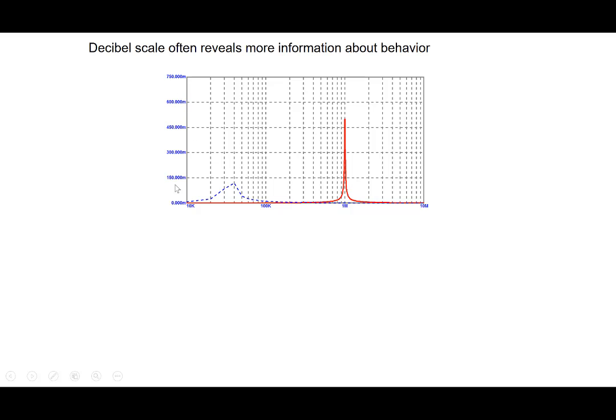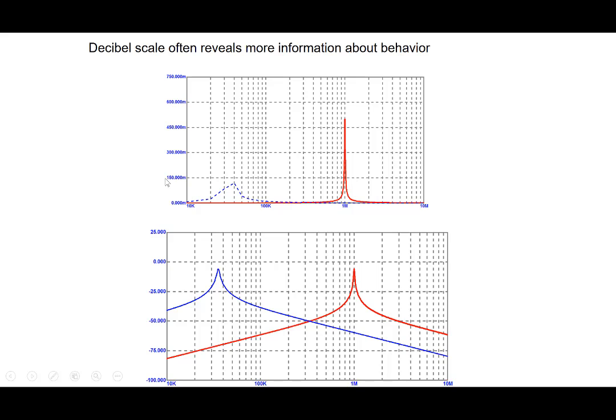Similarly, if I take this scale here and convert it into decibels, I will get more insight. So the whole thing is converted into decibels, and now we can see a lot more of the variations with more clarity than in the previous case. Note that here, of course, all this part was appearing to be 0, and all this part was appearing to be 0. We can see it's not really 0.